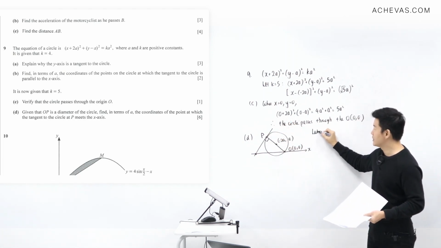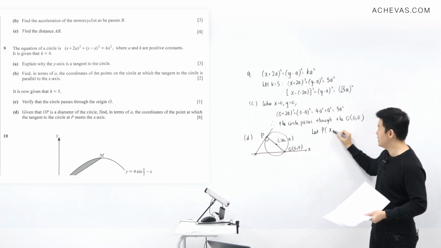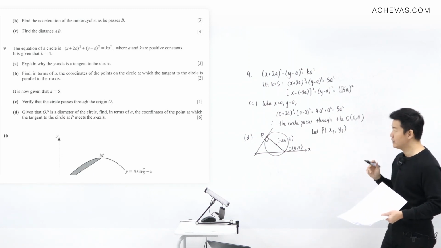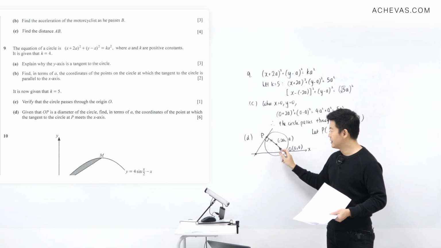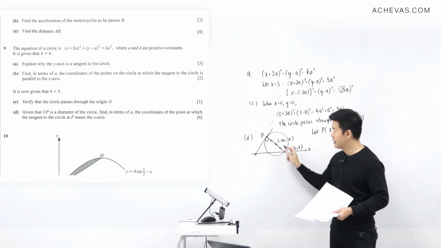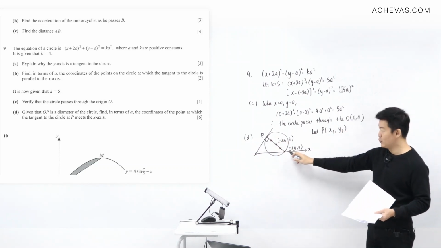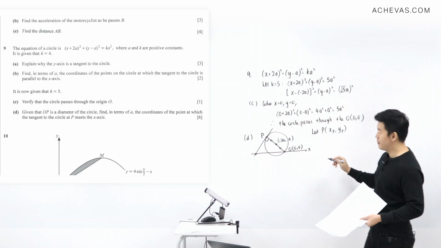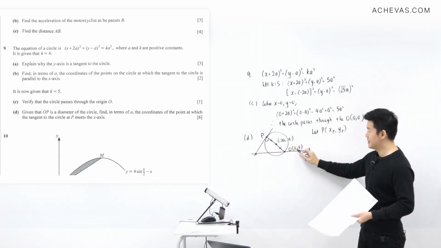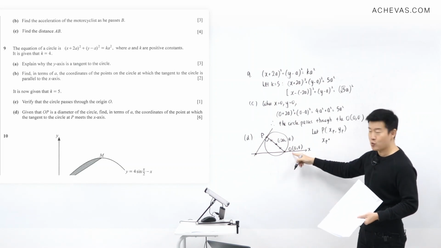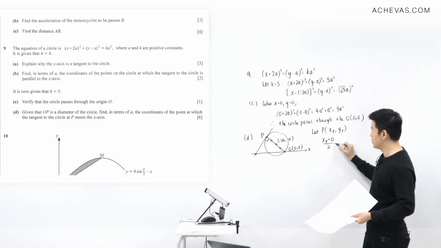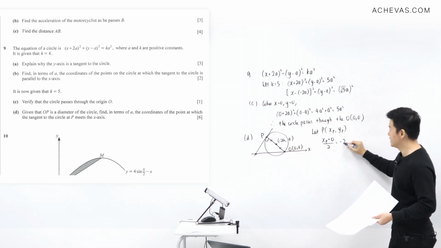I'm going to let the coordinates of P be, for example, xP and yP. The good thing is, because OP is the diameter of the circle, this is the radius and this is the radius, which makes the center of the circle the midpoint of OP. And we know O is at the point (0, 0). So taking the x coordinate of P, xP, plus the x coordinate of the origin, 0, divided by 2, this should give me −2a.